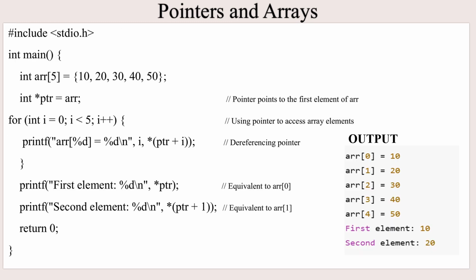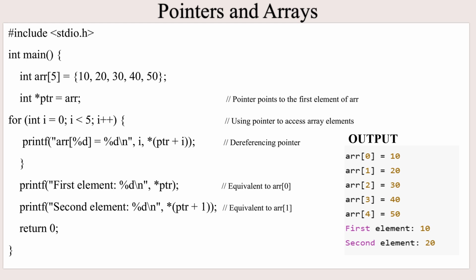Next, this is the example of pointers and arrays. #include <stdio.h>. Declare the main function. The execution of the program starts from the main function. Declaring an integer array, array[5], with values 10 to 50.